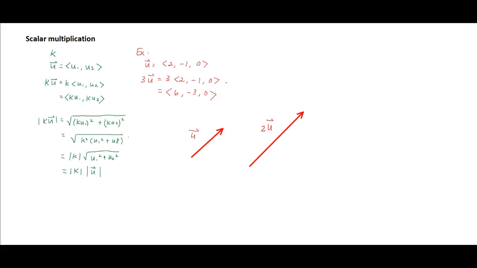And if I want to get 1/2 u, then this is what we get. So this vector has half the length of the original vector u.